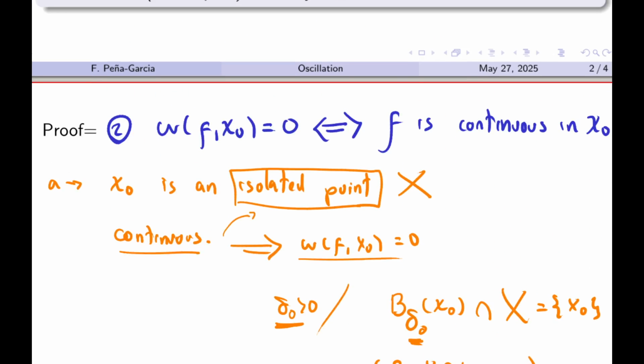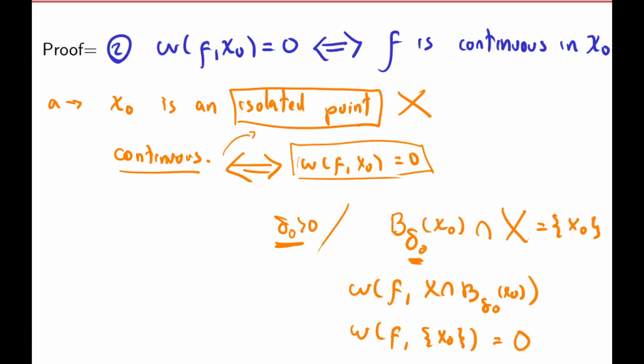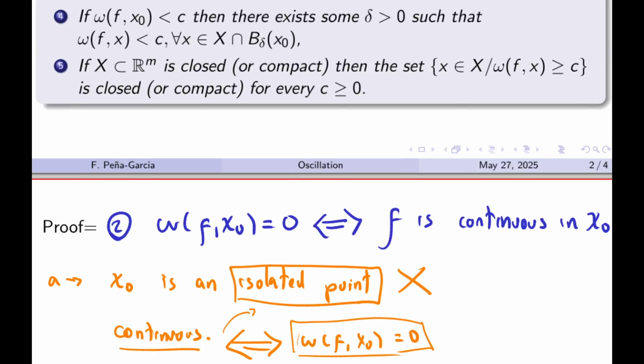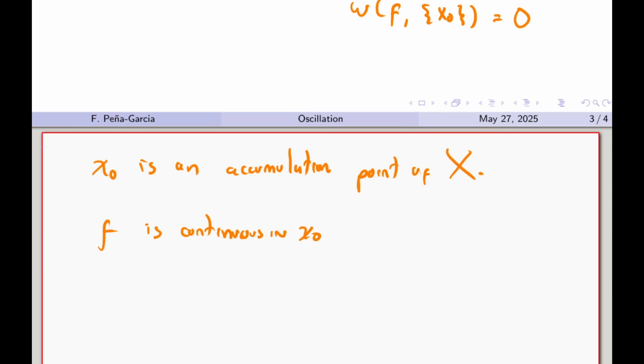For the previous case, this goes both ways, you know. Being an isolated point makes both situations happen at the same time, so there is really nothing to prove there. So now let's suppose in this other case that f is continuous at x naught.